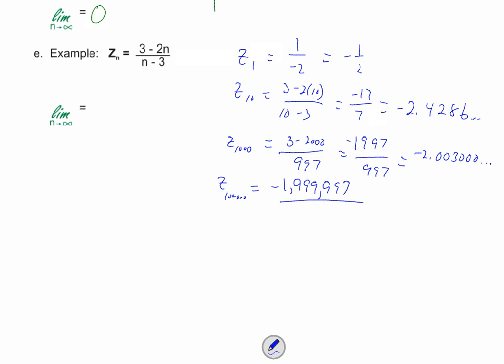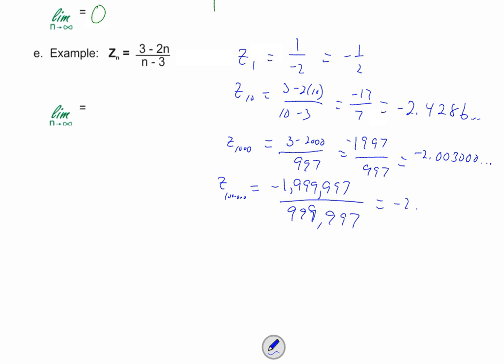And what is the bottom? The bottom is 1,000,000 minus 3. So that's 999,997. So negative 1,999,997 divided by 999,997. Somebody tell me what they got when they get it.